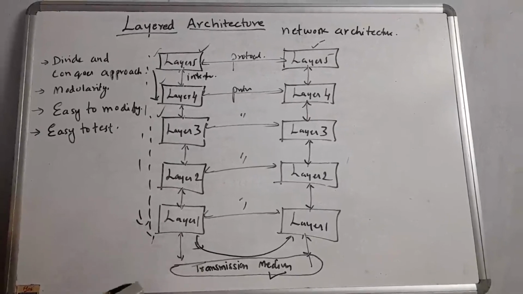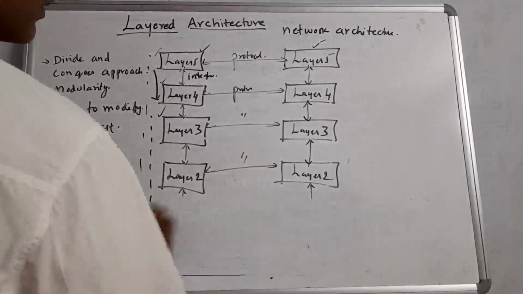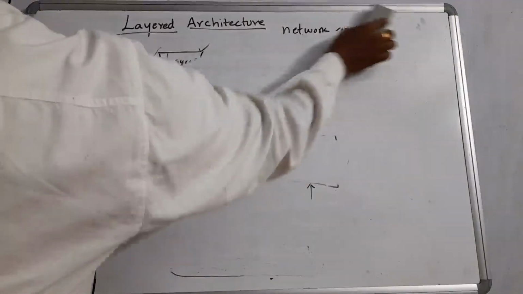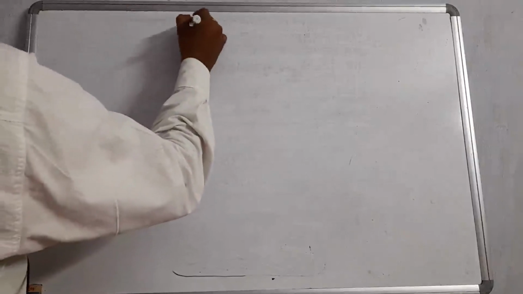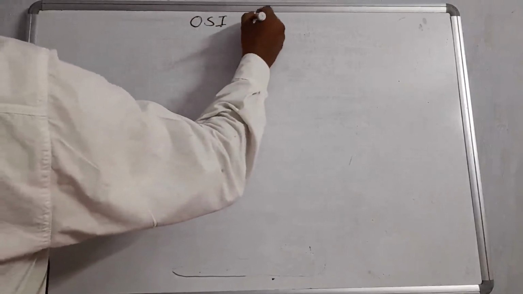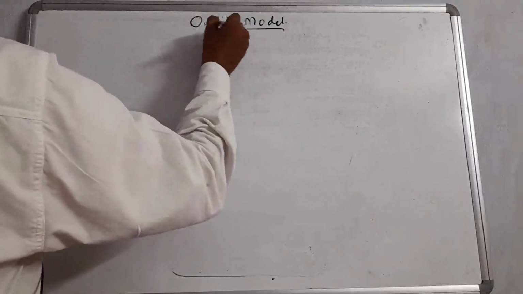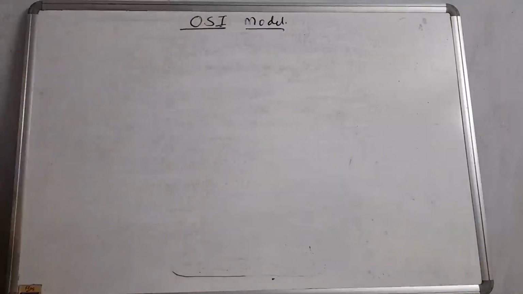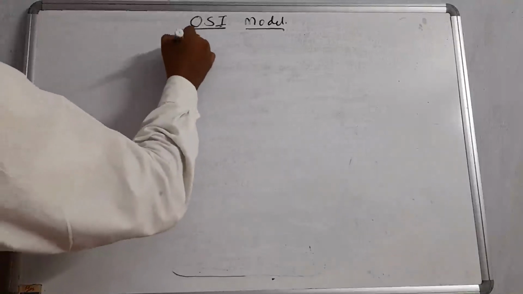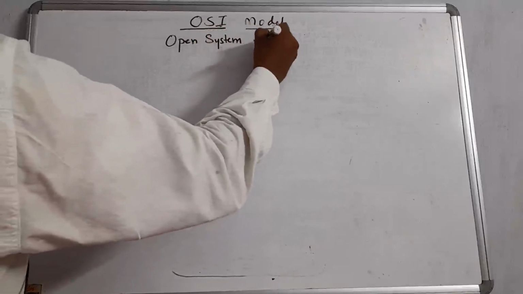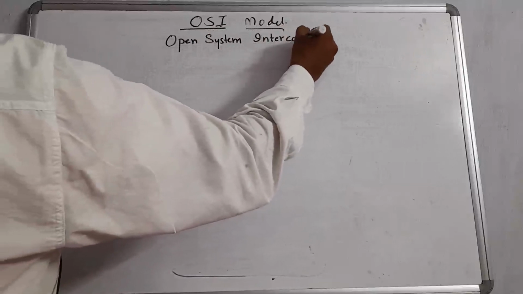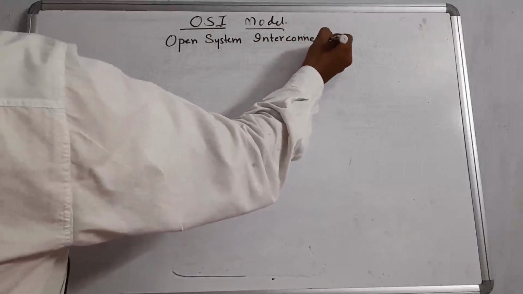So let us discuss the OSI model. What do we mean by OSI? OSI stands for Open System Interconnection.